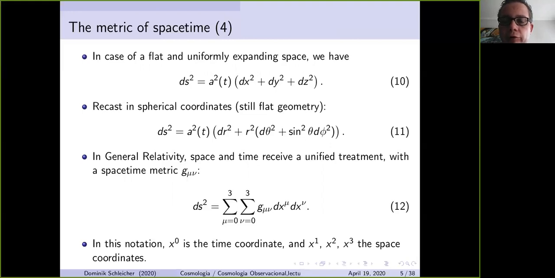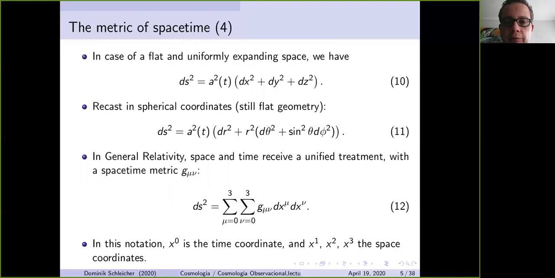You just take your usual Cartesian line element, dx square plus dy square plus dz square. And if you want to add expansion in a uniform way, then the expansion only depends on time. So it must be a factor a that only depends on the time coordinate. And we can just write it as it's given here.